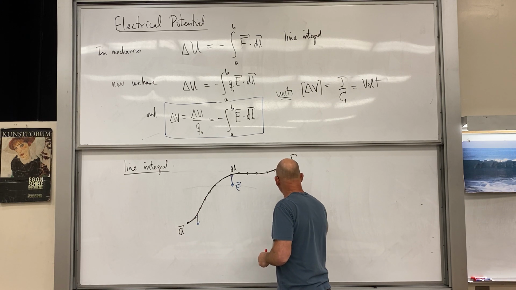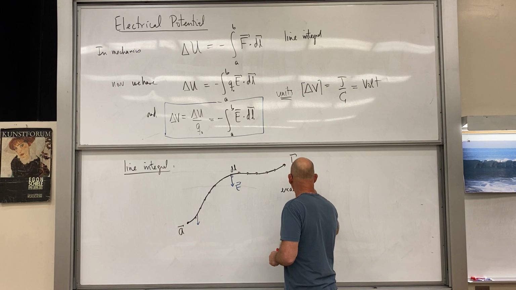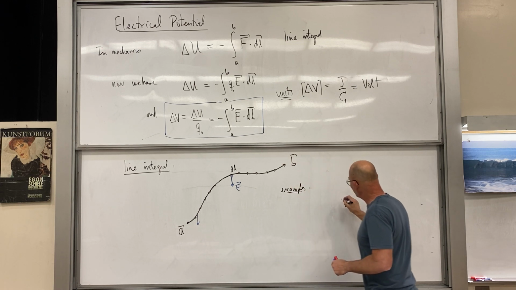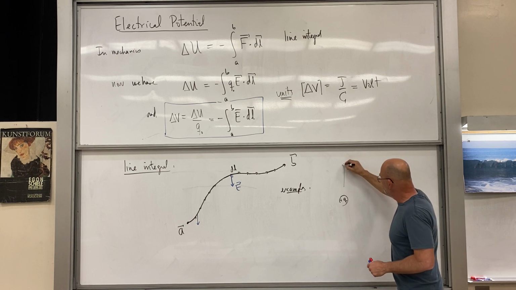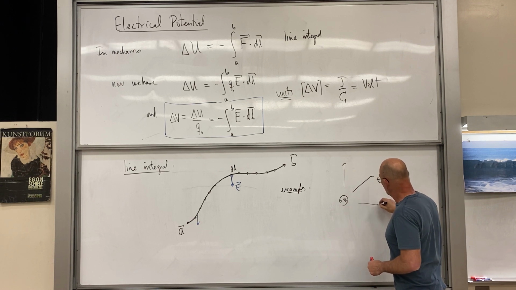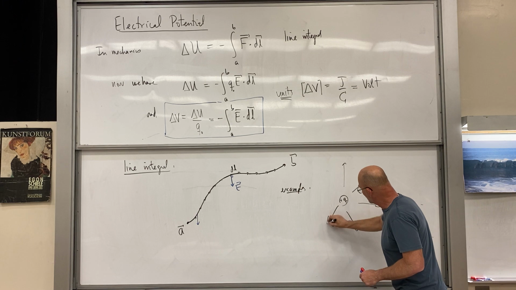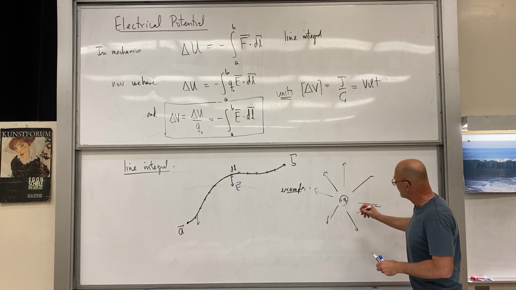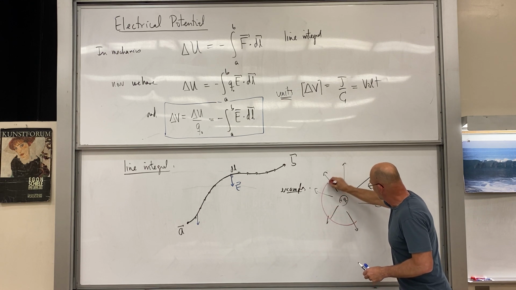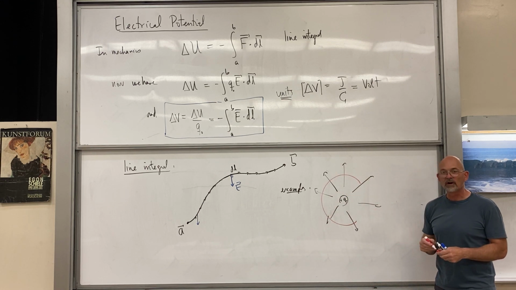Two examples though. Suppose you have the E field of a point charge. So we know it's radially outward, and suppose our curve is just along a circular arc.